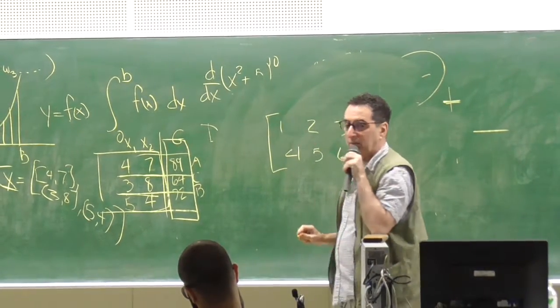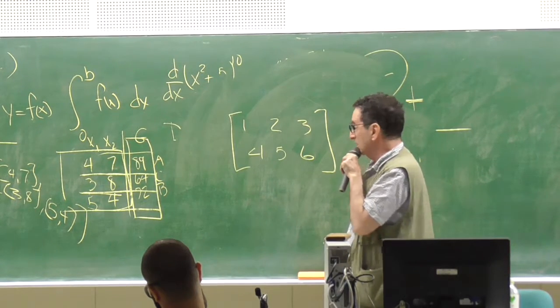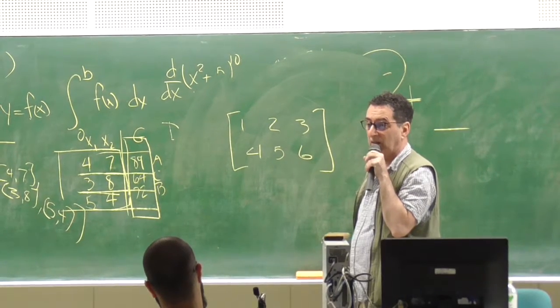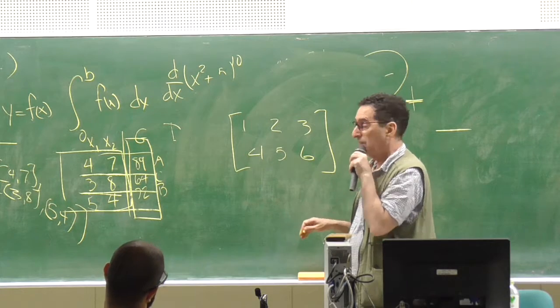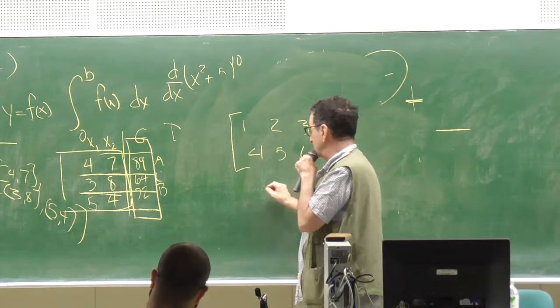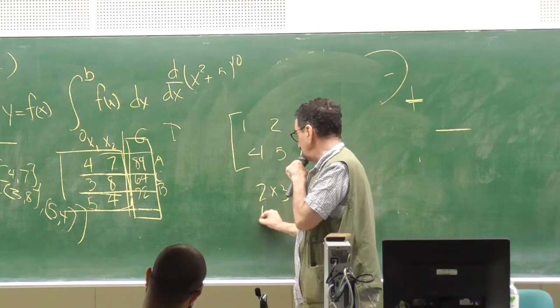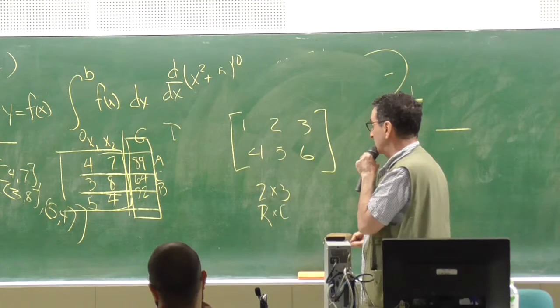We talk about the size of the matrix. How many rows are there in this matrix? 1, 2. There's 2 rows. How many columns? 3. So we say this is a 2 by 3 matrix. We always say the rows first and then the columns. So this is a 2 by 3.